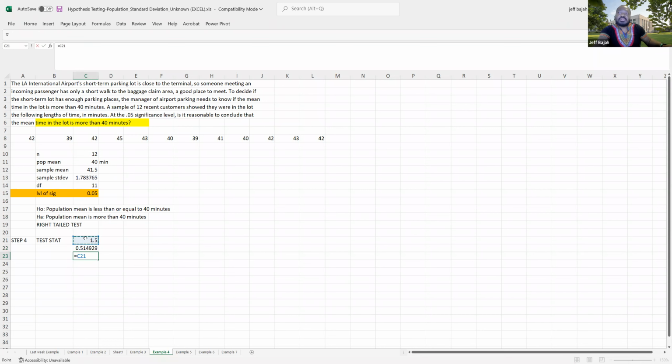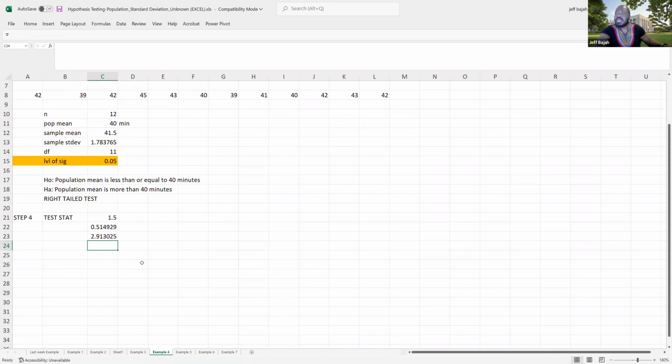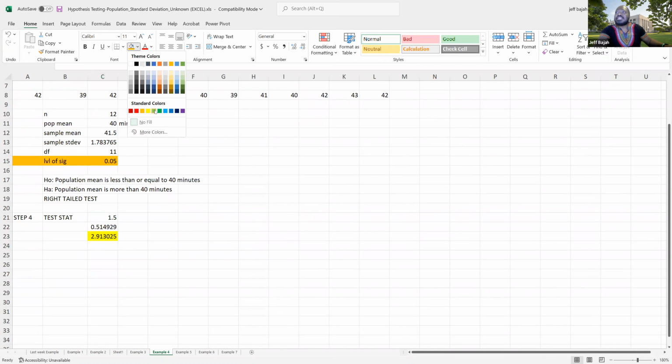And that'll be equal to this value divided by this. So you can see we found our t-stat. Let me make this a little bit larger so you can all see it. All right, so now we found our test stat.